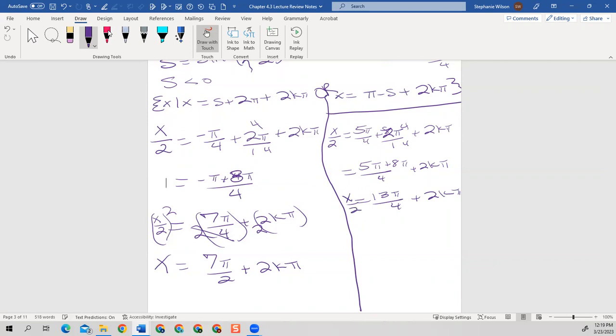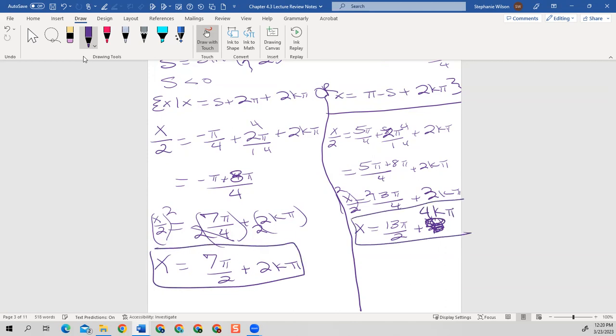We got x over 2, so we're going to multiply each side by 2 to undo this fraction. So now I have 13 pi over 2 plus 4k pi. I apologize for the messiness. I usually would erase, but the computer is just not wanting to cooperate again.